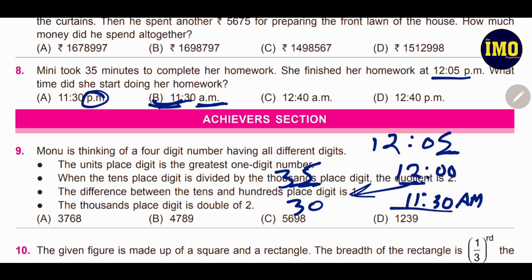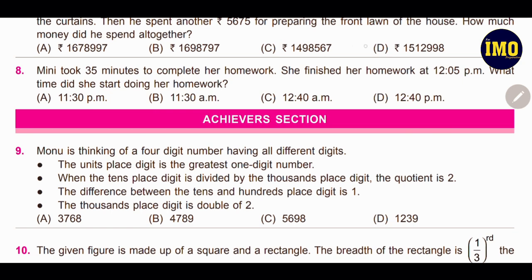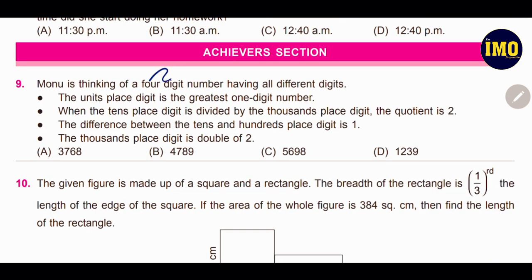Now move to the next question. So in this question, Monu is thinking of 4-digit numbers having all different digits. The unit place digit is the greatest one-digit number. The greatest one-digit number is 9, I think. This one and this one, two cases we have. When the tens place digit is divided, tens place means we have the tens place number here.